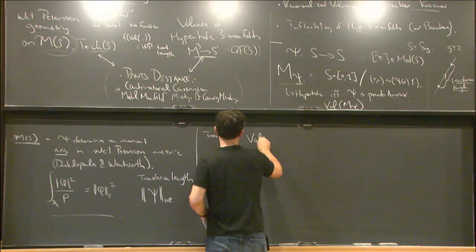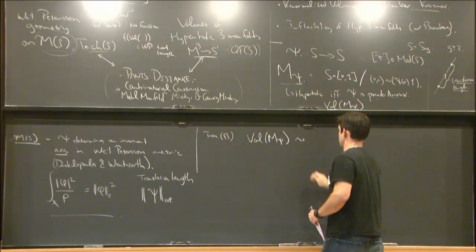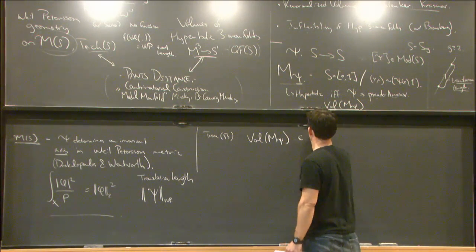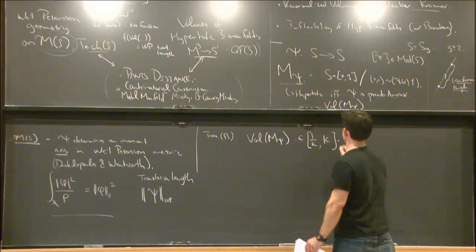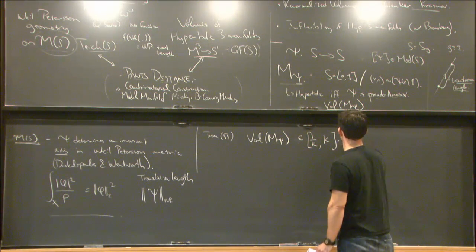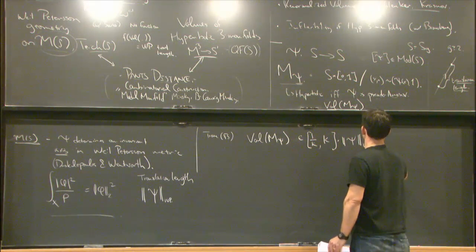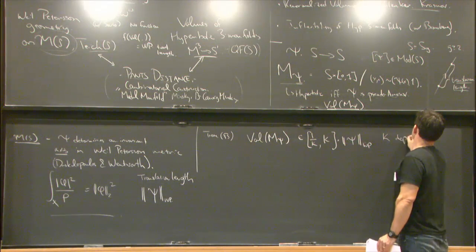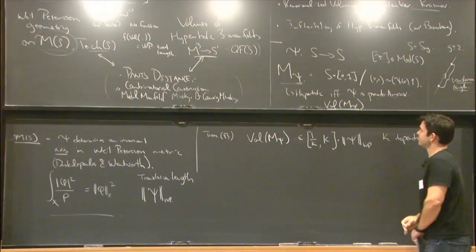So the volume of psi lives in the interval 1 over k times the translation length, where k depends only on S.